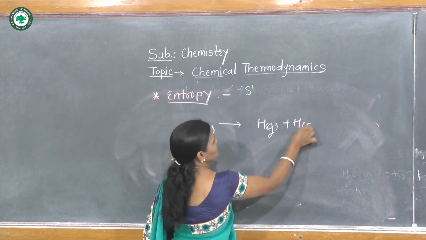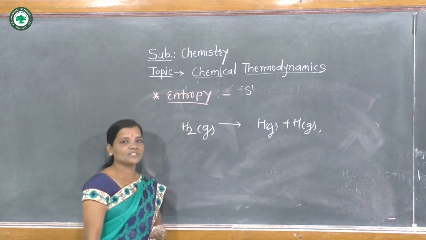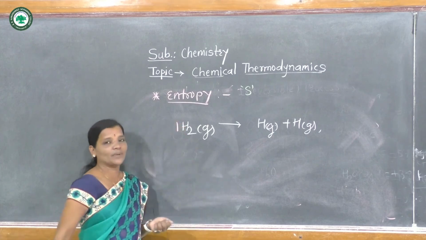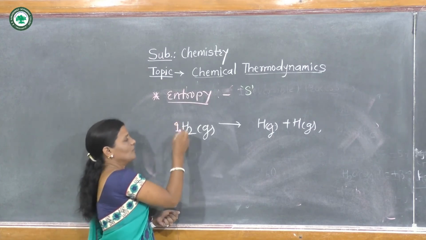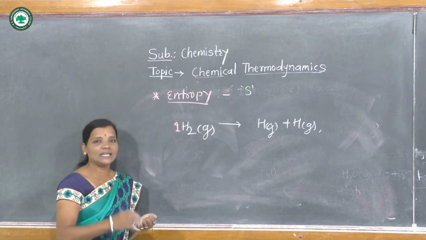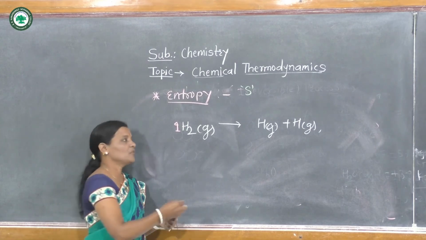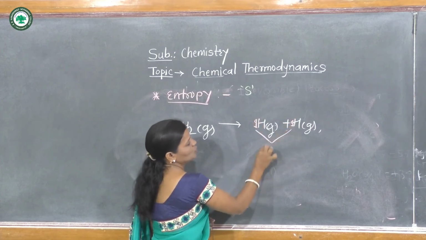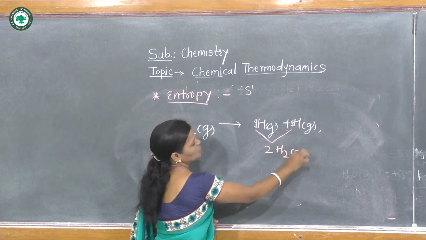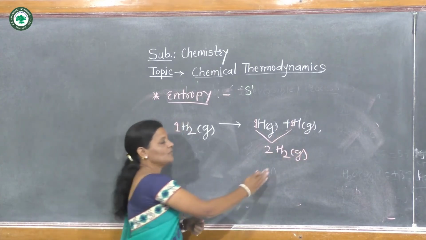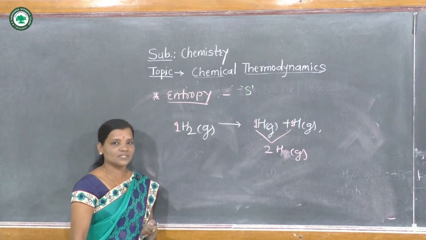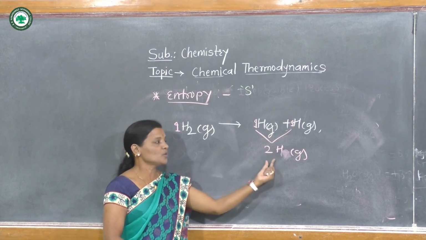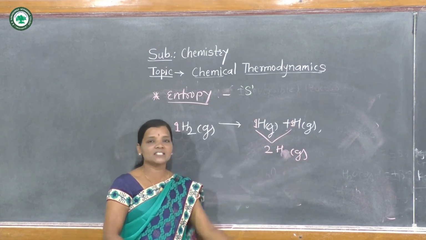Only 1 mole of H2 gas is present, and when it dissociates, we get the formation of 2 moles of hydrogen atoms in gaseous state. Here 1 mole of H2 gas dissociates to form 2 moles of hydrogen in its gaseous state.